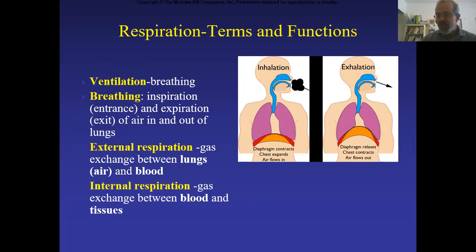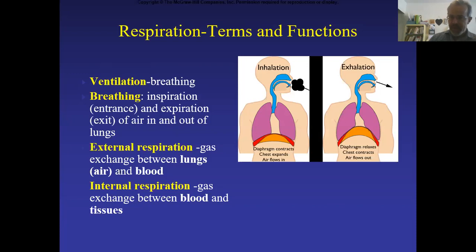Now the gas, there's two different drop-off points for the gas, or two different areas where it moves. One, of course, if we think of oxygen coming from the outside and being delivered to the lungs and then eventually into the blood, that's what we call external respiration.